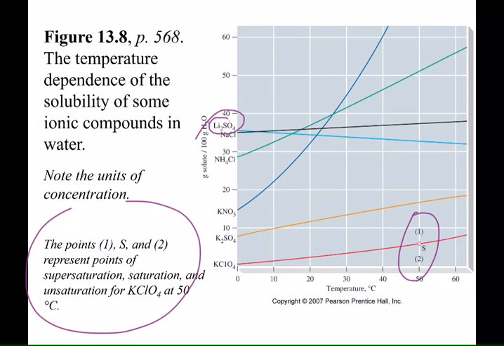Unsaturated, yeah. Does that make sense? What if you're right on the line? You're saturated. And then the caption says, if you were to successfully dissolve more potassium perchlorate in there than there should be in 100 milliliters, you would be supersaturated. That's how that works.